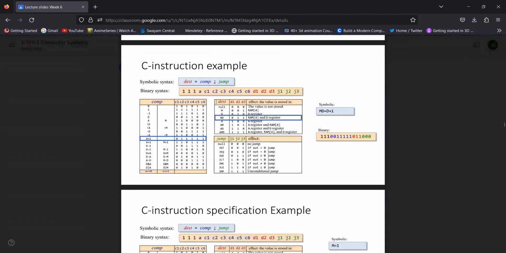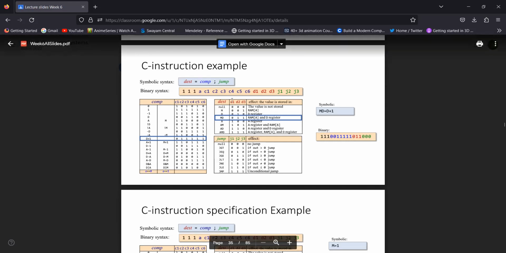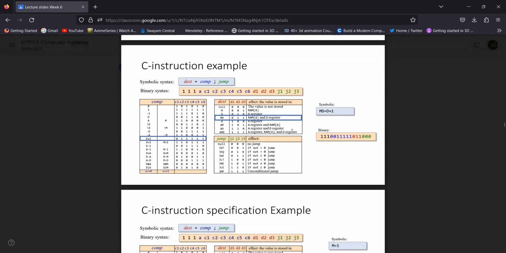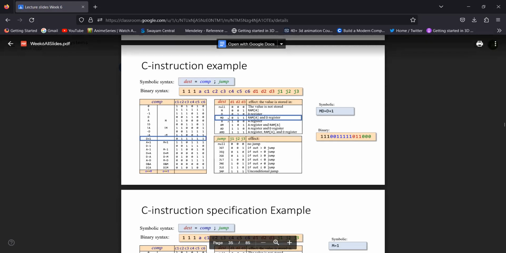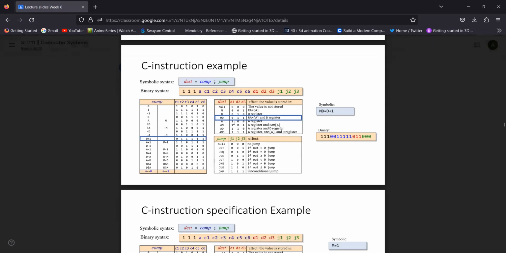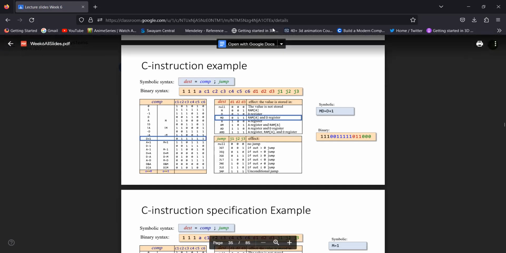Let me show you what I mean by d1. Suppose here we are given this 16-bit binary code, and this red part, as you can see here, is the destination bit code, which determines where the value is to be stored. According to the destination bit table, we know that if the value of the d1 bit is 1, the value is to be stored in the A register.